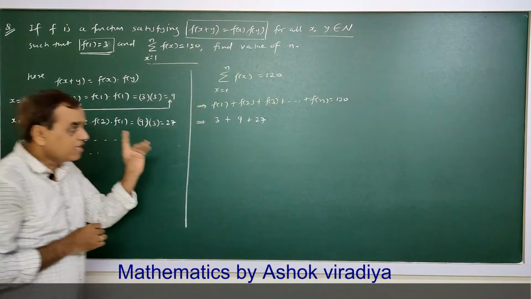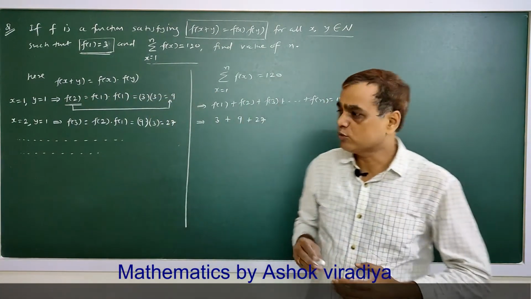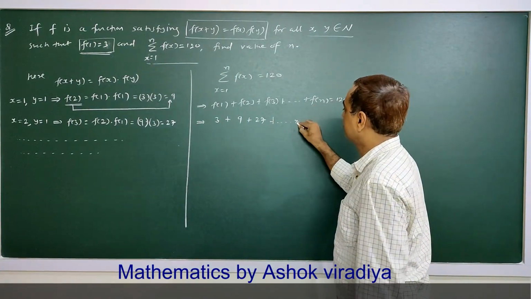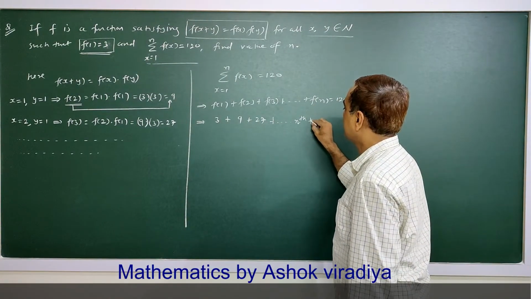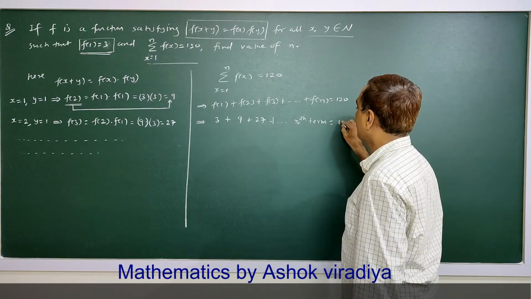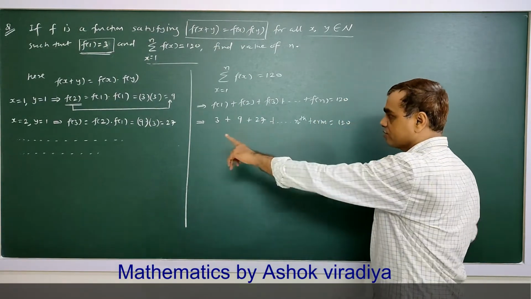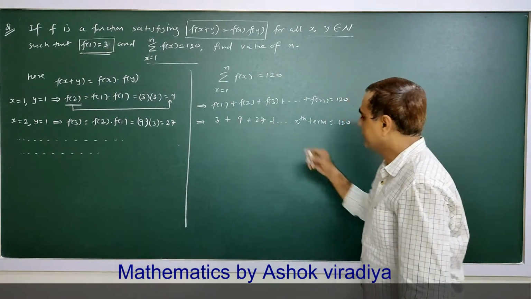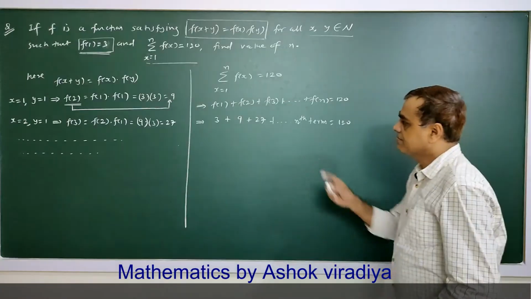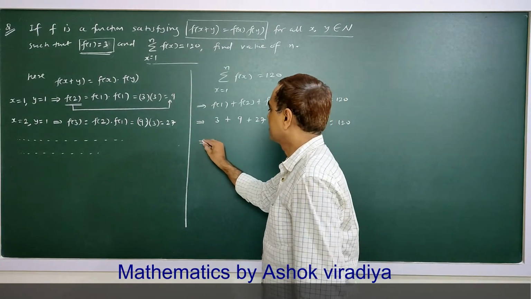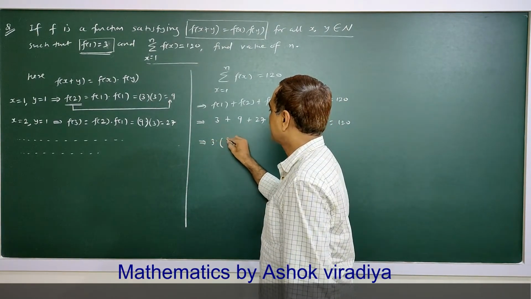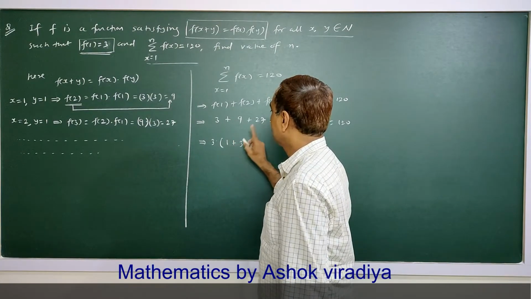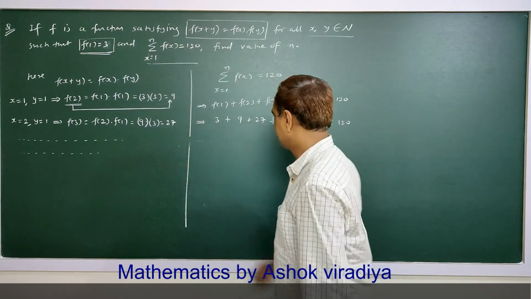So here, putting the values in this equation, we can see that this is nth term. Sum of n terms of this series. Now look here. If I take here 3 common, so inside we have 1 plus 3.